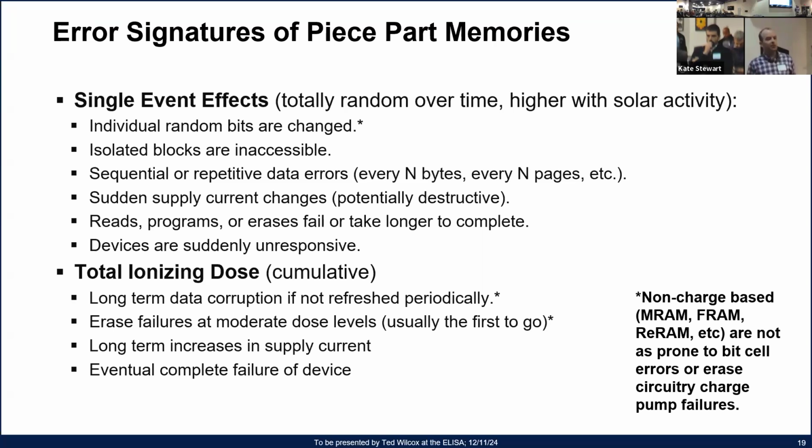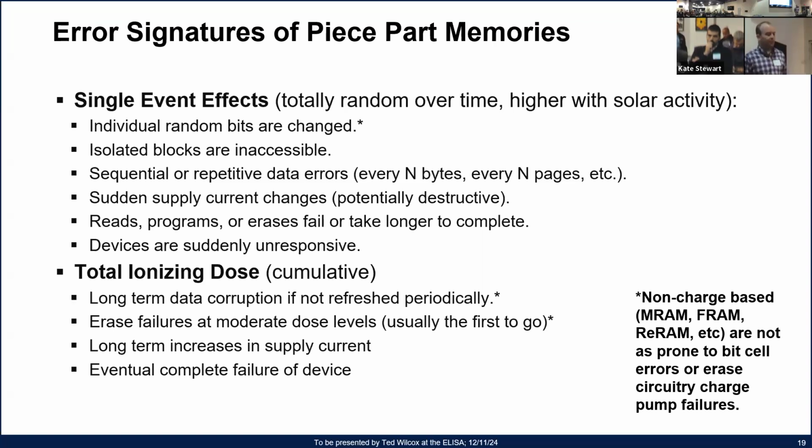We see sudden supply current changes that can be potentially destructive, but are usually just indicative of essentially an uncommanded operation at the device level. Reads, programs, and erases are the fundamental operations of a NAND flash, and sometimes these will simply fail to complete or take longer than they should. And devices that just stop talking. These are probably all of the most common SEEs when I talk about a NAND flash test.